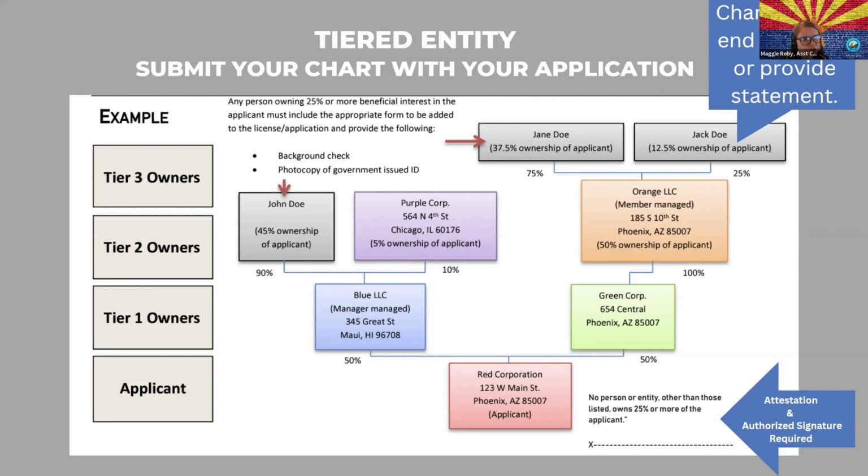Your chart should end in people. If your organizational chart does not end in people, like it is an employee stock owned company, then we would just need an additional statement explaining that on there. Keep in mind, we also will need the addresses of any of the entities or individuals listed on this chart as well.